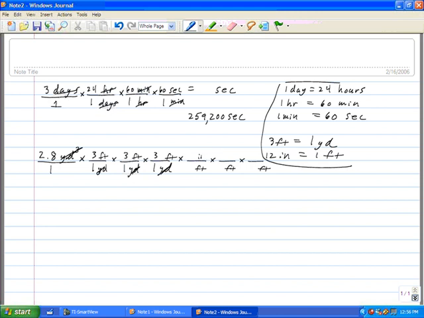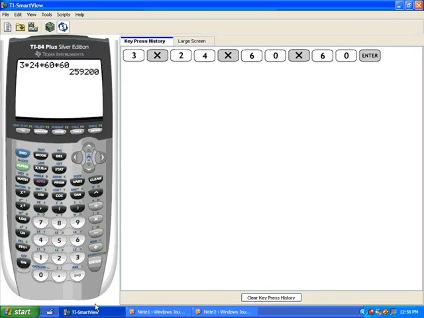I'll put inch, inch, inch on the top, 3 times, and 1 cancellation, 2 cancellations, and 3 cancellations later we find that we will have an answer in cubic inches. Our units are 12 inches to 1 foot, 12 inches to 1 foot, 12 inches to 1 foot, and we're ready to multiply.